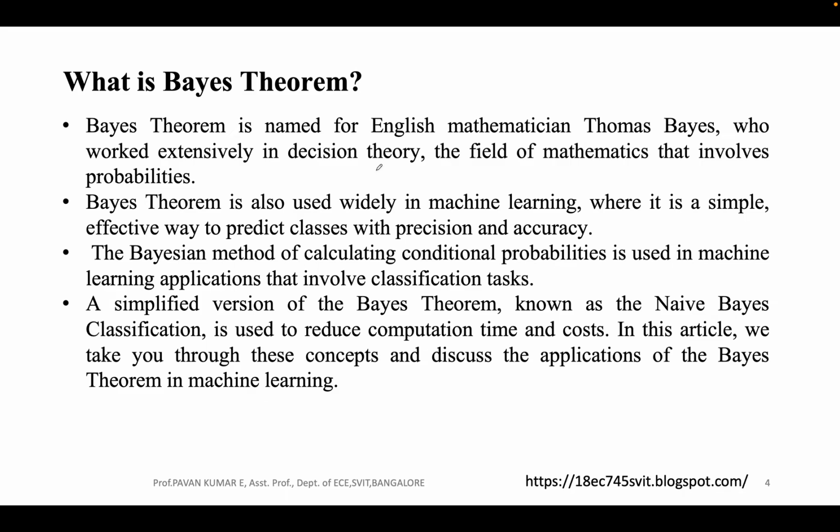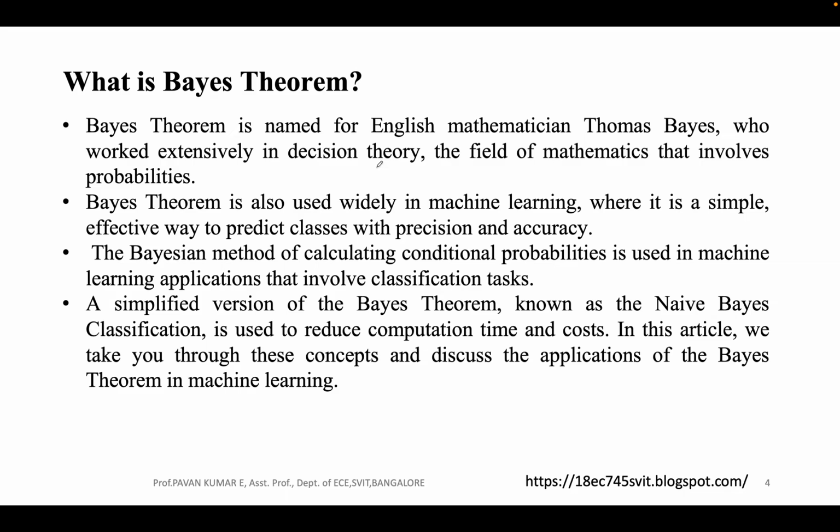This comes under probability also. Bayes theorem is also used widely in machine learning, where it is a very simple, effective way to predict classes with precision and accuracy. So once you need precision and accuracy, we go for Bayes theorem.